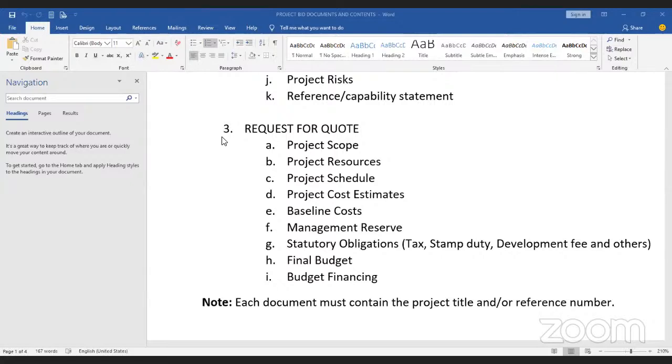Your bidding documents include your charter, your request for information or expression of interest, request for proposal, and request for quote. So if you remove the request, we have expression of interest or your company profile, then you have your proposal, and then you have your financials or your quote, bid, what do you call it now? Bill of quantity.